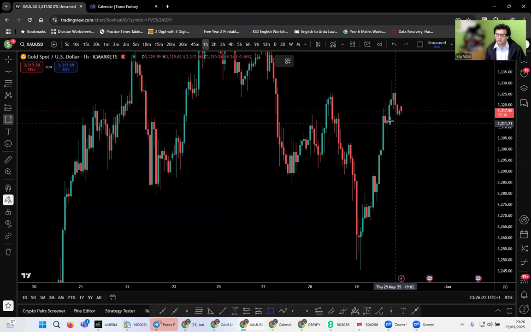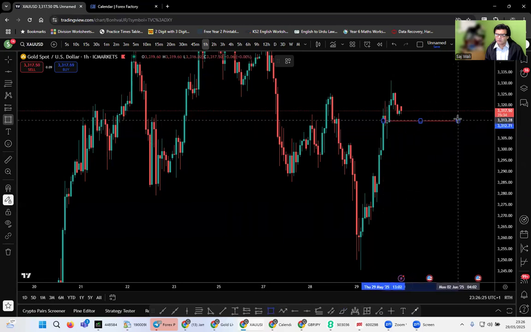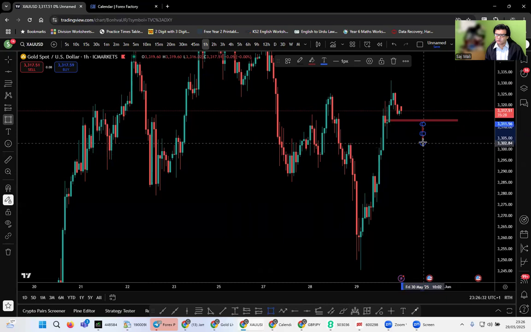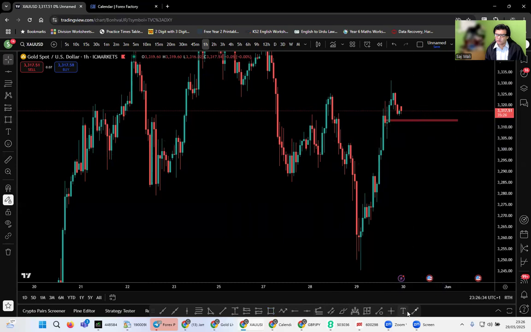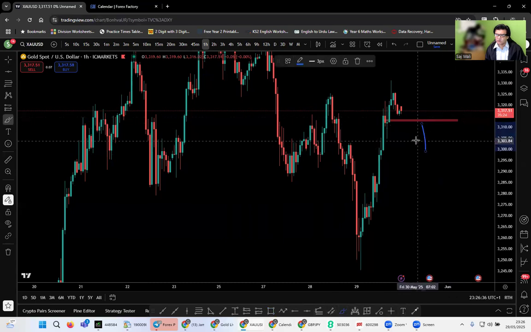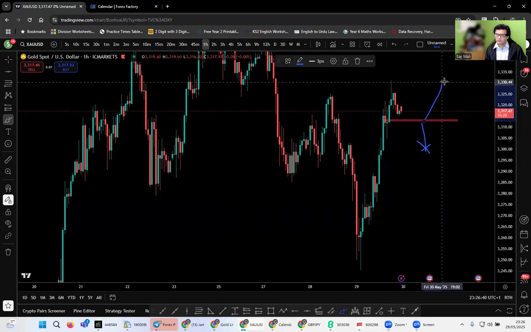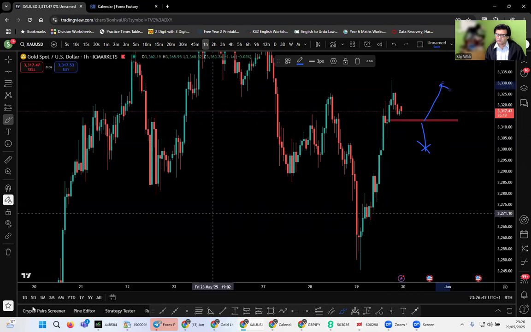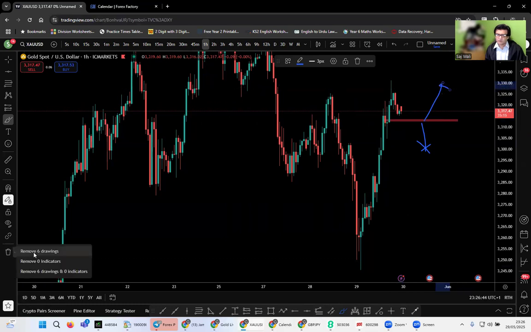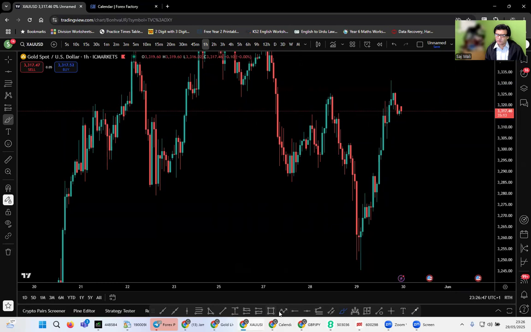So we have this. So it looks like this level has to be broken before the market moves to the downside. Or if it doesn't, then it can go up to the upside. Yes, that seems the situation at the moment.